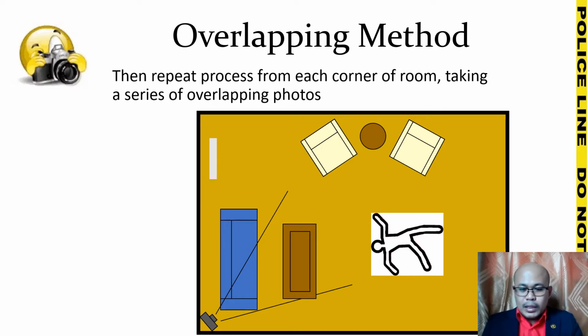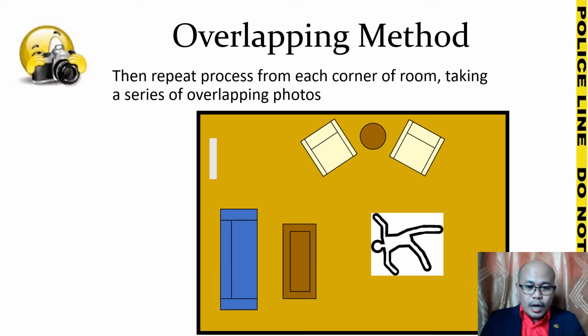And we can at any time ensure that we were able to capture the entire crime scene, whether indoor or outdoor. But in most instances, take note, we apply the overlapping method in an indoor crime scene. As suggested mostly by experts, the overlapping method is best used in documenting or taking a general photograph of an indoor crime scene.